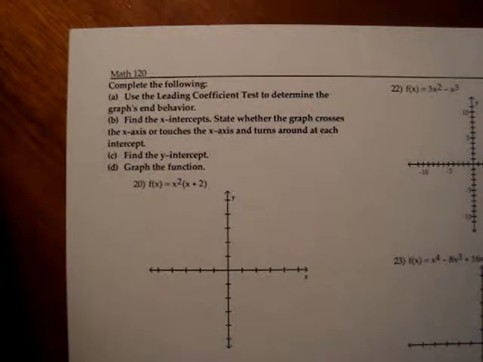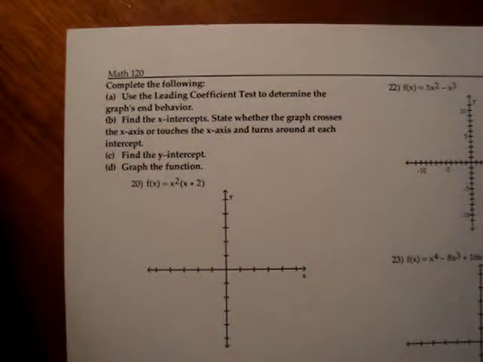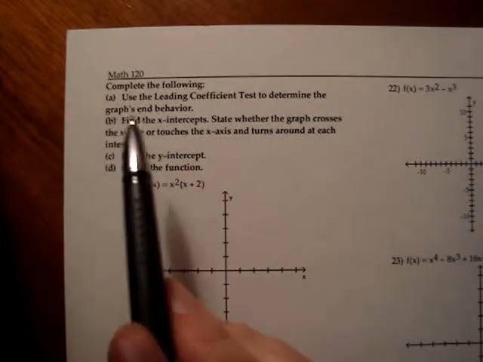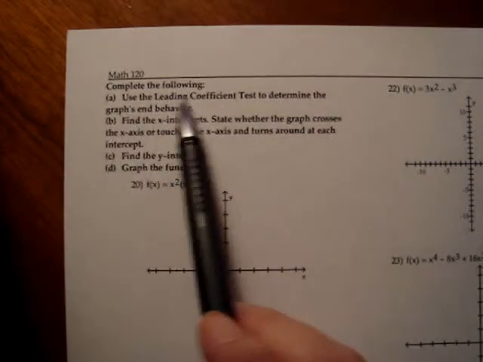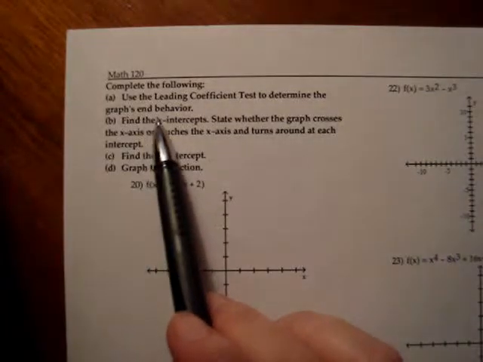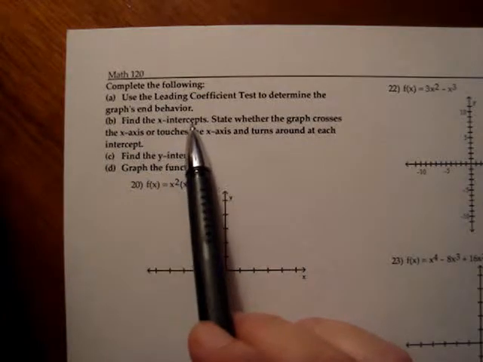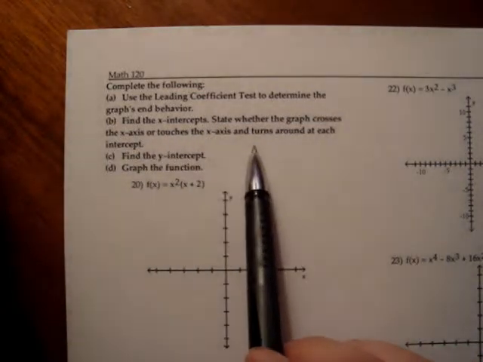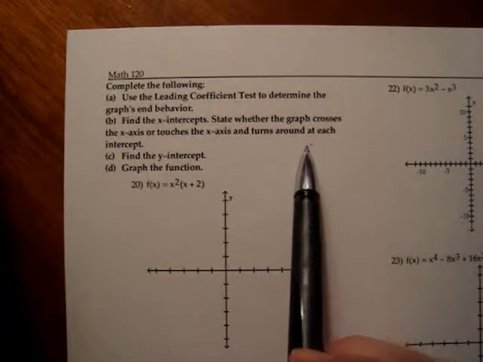Let's look at number 20. Number 20 says, and this is what I want you to do. Complete the following. Use the leading coefficient test to determine the graph's end behavior. Find the x-intercepts. State whether the graph crosses the x-axis or touches the x-axis and turns at each intercept.